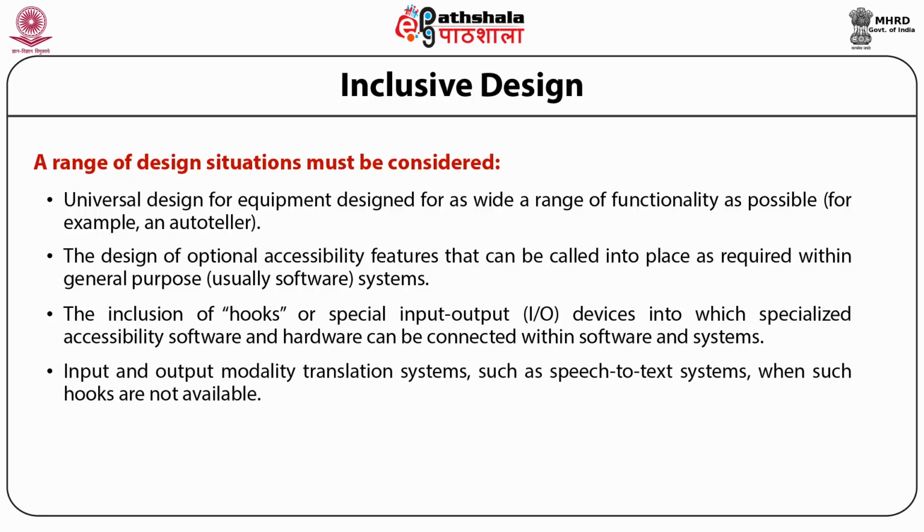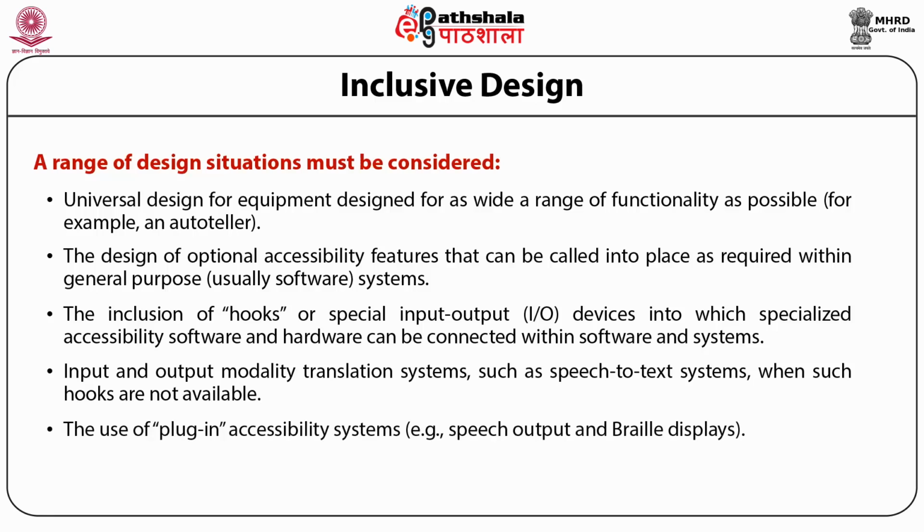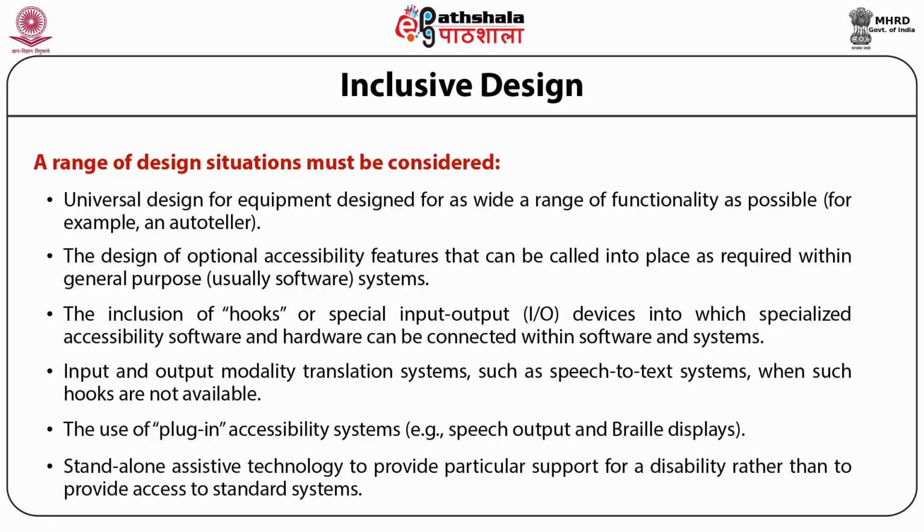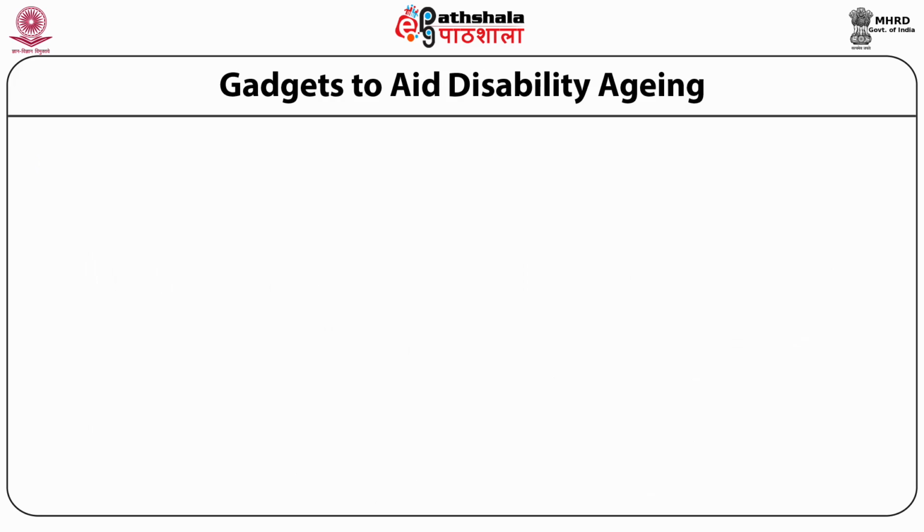Input and output modality translation systems such as speech-to-text systems when such hooks are not available. The use of plug-in accessibility systems. Standalone assistive technology to provide particular support for a disability rather than to provide access to standard systems. Gadgets to aid disability aging.